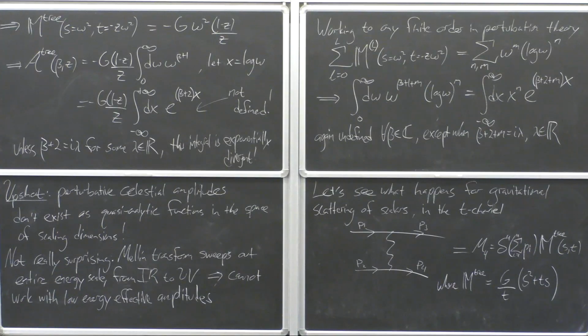So the natural thing to hope for here is that you also have a distributional part of the celestial amplitude, this thing x, and then you have an interesting part of the celestial amplitude, which depends on all of the quantum numbers, beta and z, and should be, at least in some region of the complex beta plane, an analytic function. And we don't have this for any theory to finite order in perturbation theory.